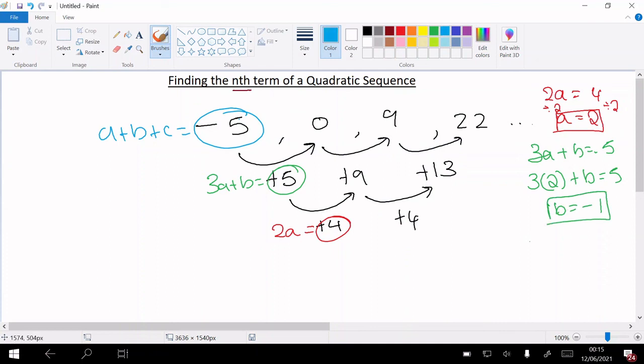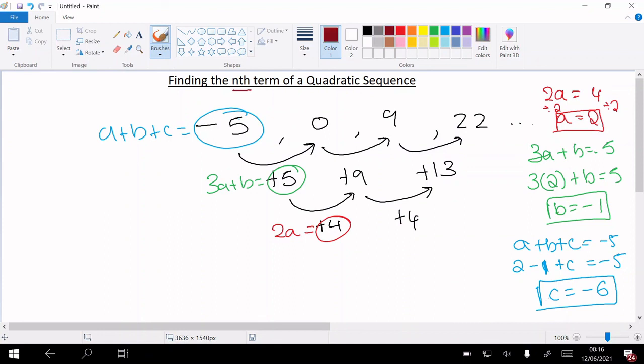And finally, we have a plus b plus c is equal to -5. We know that a is 2 and b is -1, so 2 minus 1 plus c is equal to -5, which means c is equal to -6.